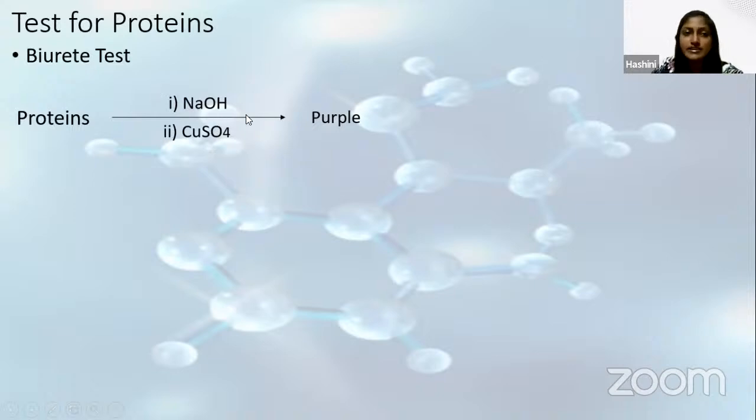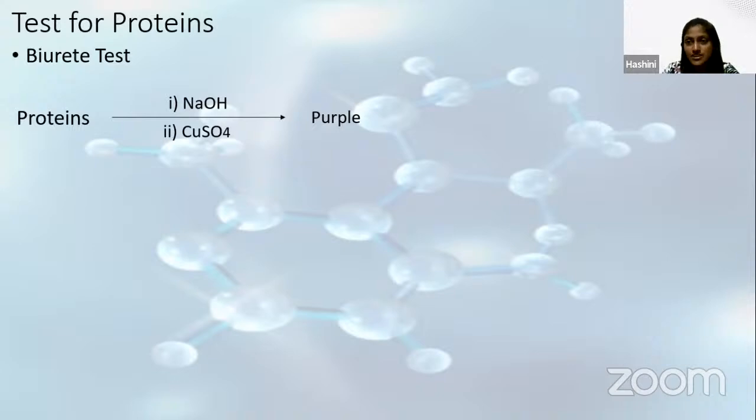When we add these two reagents to proteins, then it will give a purple color change. So when we take a food sample containing proteins and then we add some sodium hydroxide and copper sulfate to that, it will give a purple color change.